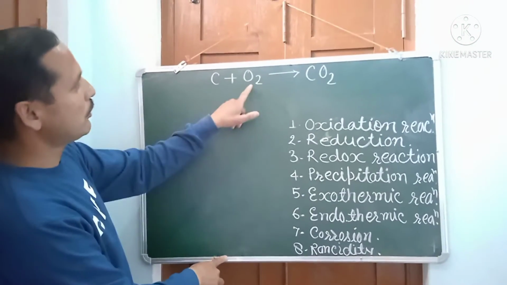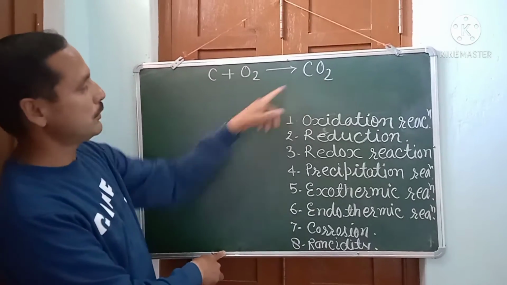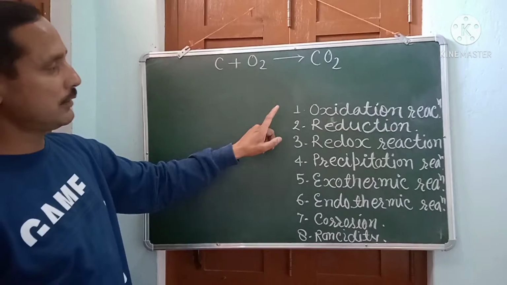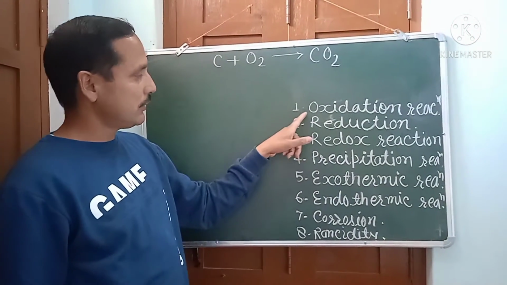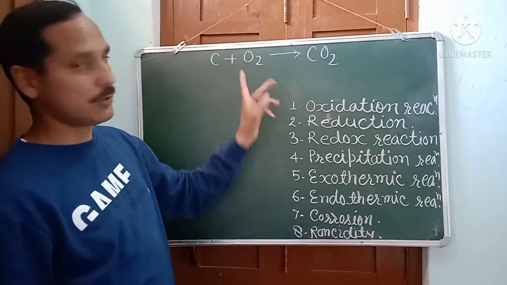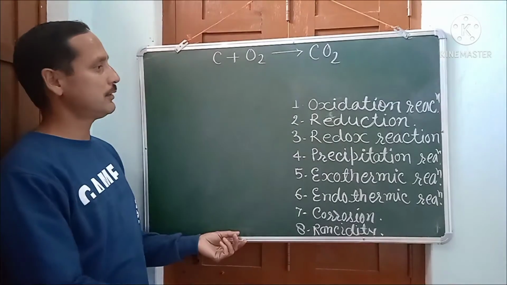Here oxygen is added to carbon and becomes carbon dioxide, CO2. So such a type of reaction is called oxidation reaction. Once again, the definition: a chemical reaction in which oxygen is added or hydrogen is removed is called oxidation reaction.